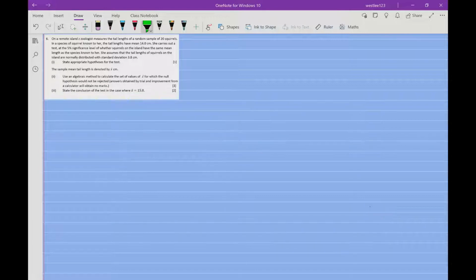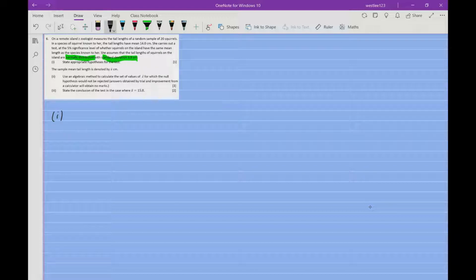She assumes, and this one's very important, that the tail lengths are normally distributed with standard deviation 3.8. This means that later on, we don't have to use the central limit theorem to talk about the distribution of the sample mean.